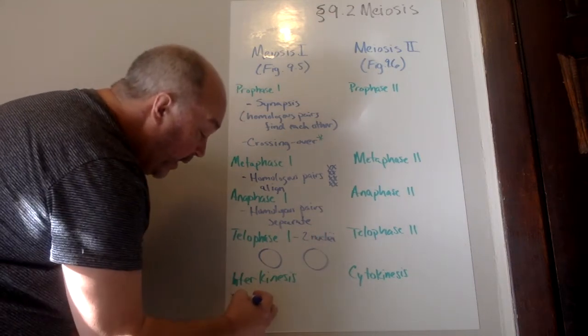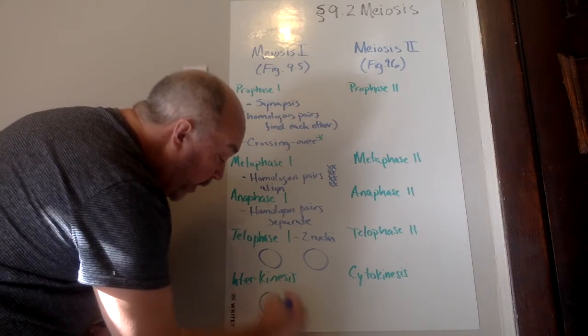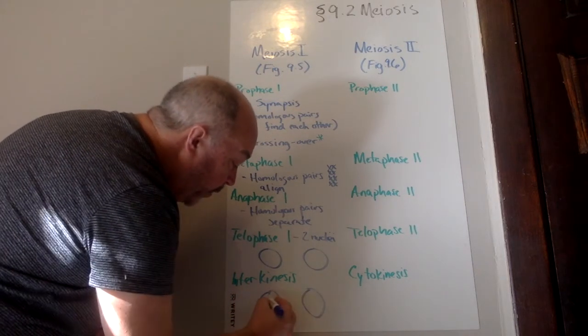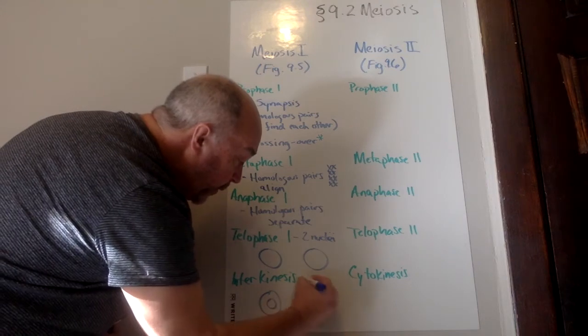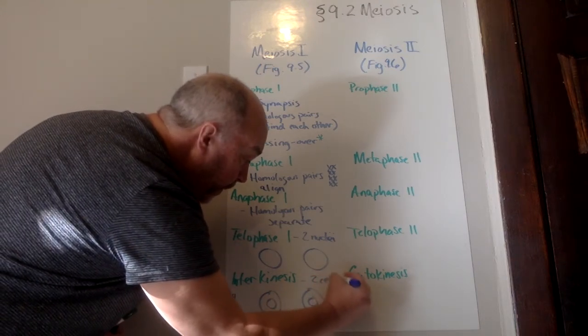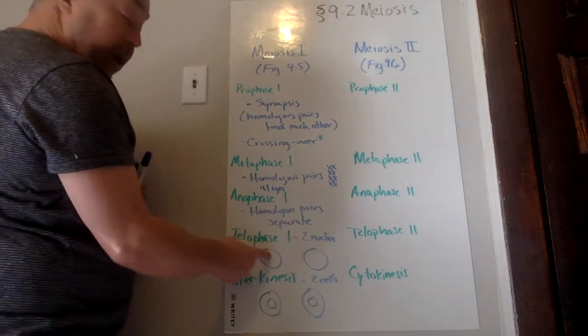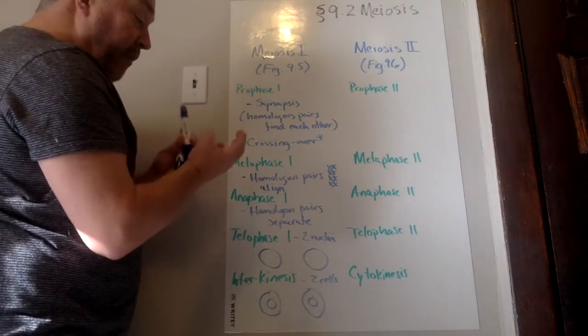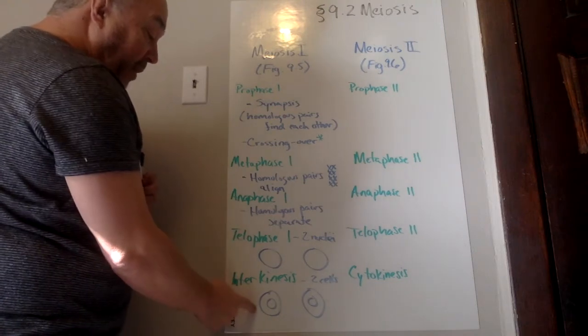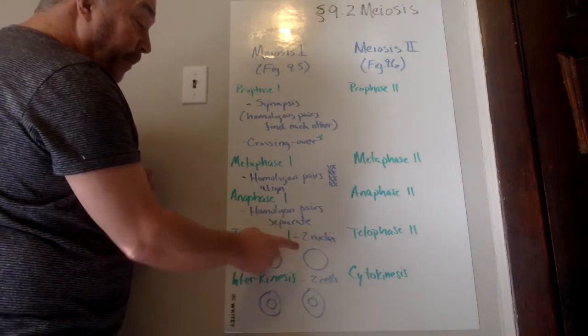And then until interkinesis, we will end up with two cells. So we will get a division of the nuclei in telophase. The nuclear envelope will come back around them, and then we will divide the cells in interkinesis.